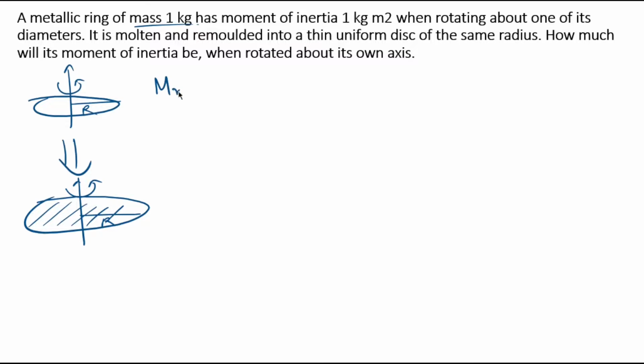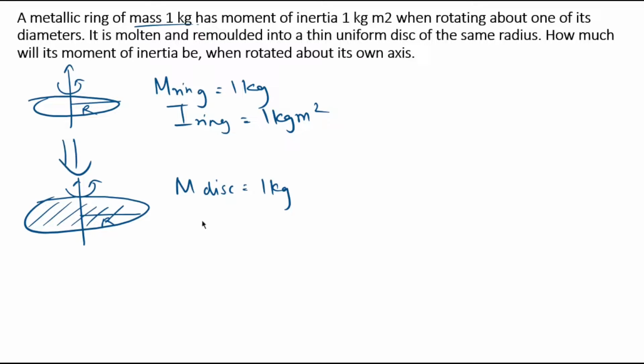So the mass of the ring was 1 kg. Now if this same ring is remolded into a thin uniform disc, the mass of the disc will also be 1 kg. Now the moment of inertia for the ring was given to us as 1 kg meter square, and we need to find the moment of inertia of the disc.